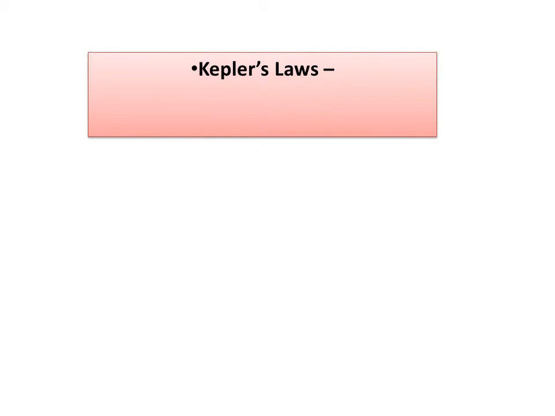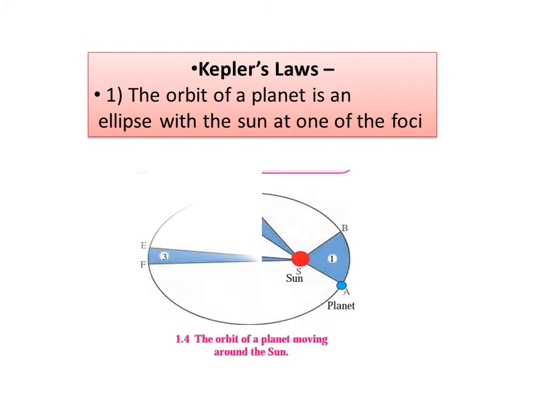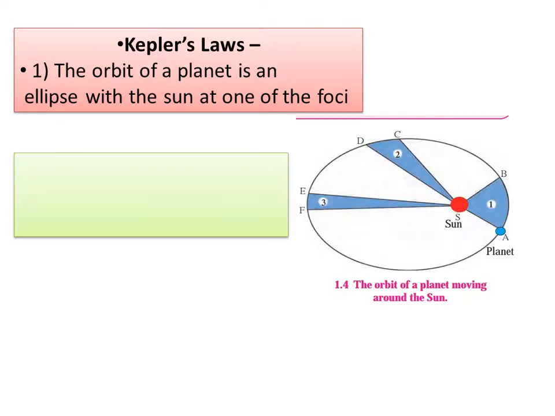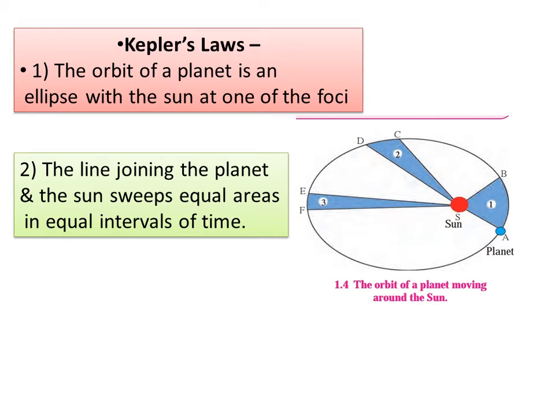Now we will move on to Kepler's laws. First law: the orbit of a planet is an ellipse with the sun at one of the foci. In the figure, we can see the elliptical path of the orbit of planet A, and the sun is indicated by S. Kepler's second law: the line joining the planet and the sun sweeps equal areas in equal intervals of time.